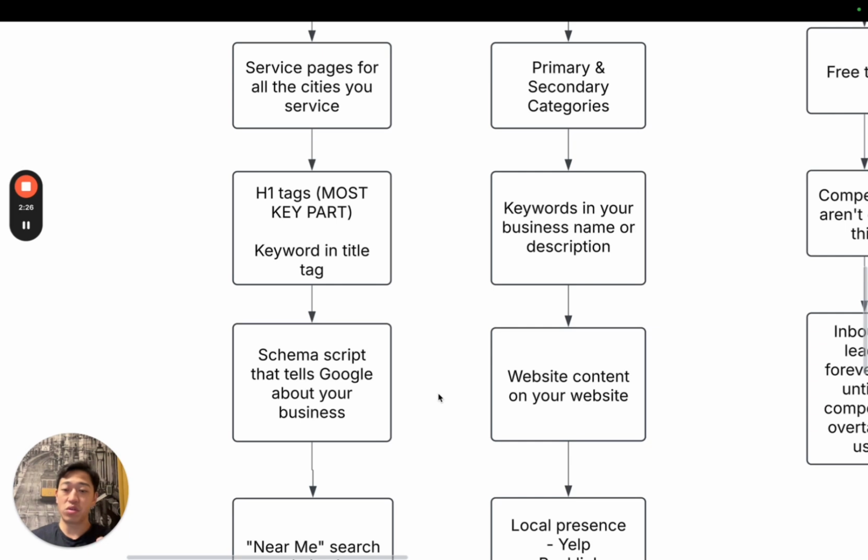Without the schema script that you provide to Google, Google won't know what your service is, and you won't rank for the near me searches. Whenever a homeowner searches X installation near me, you'll be ranking for those if you have the schema script. All of this is pretty complex, but it should make a drastic change in your SEO and ranking on Google.